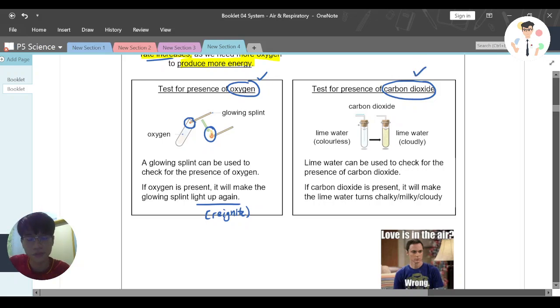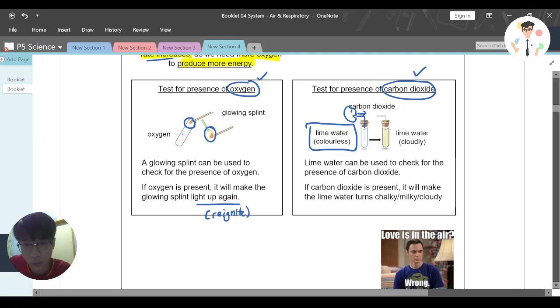And how about carbon dioxide? For carbon dioxide, we use something called lime water. Again, we have a test tube. Imagine you put your mouth here and you breathe out. Carbon dioxide comes out when we breathe out, right?